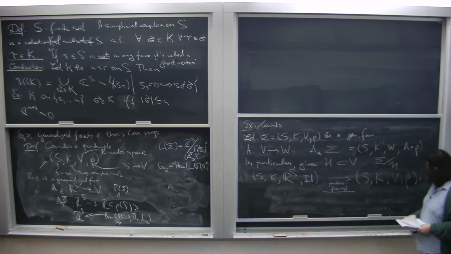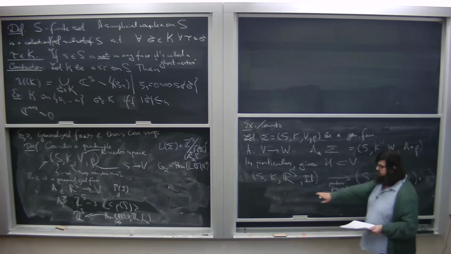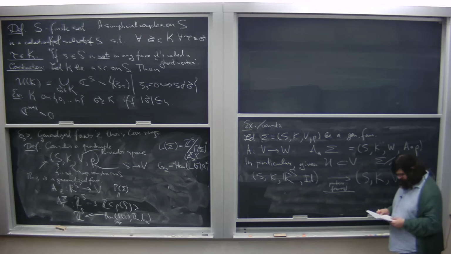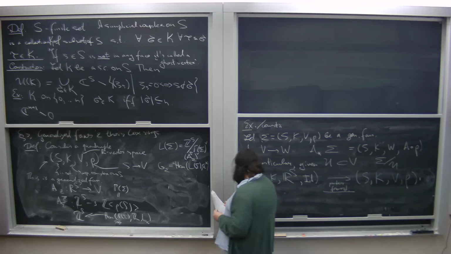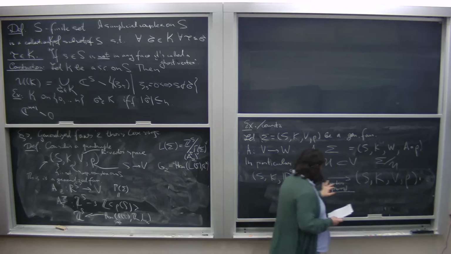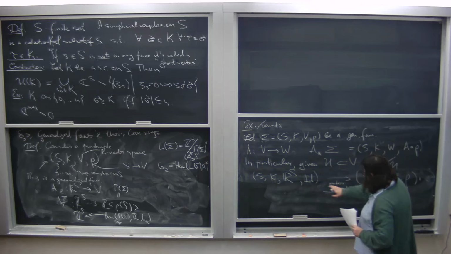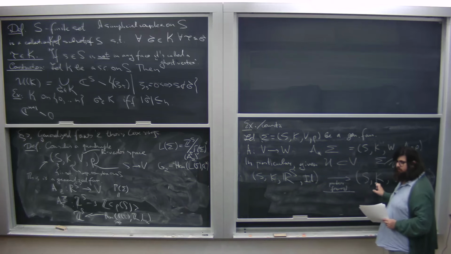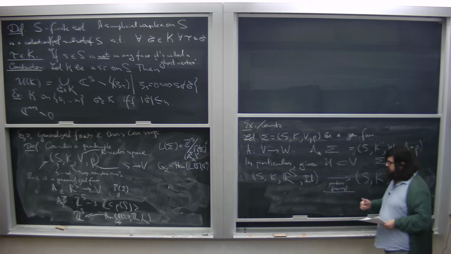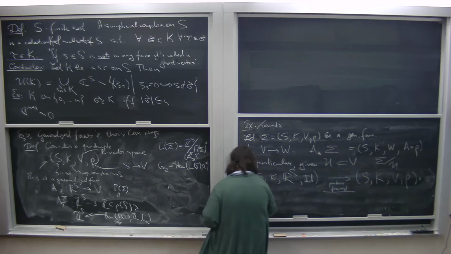And so, in some sense, this is like the abstract Cox construction for generalized fans. So let me maybe make it a bit more precise. A morphism of generalized fans is just a morphism of simplicial complexes plus a linear map between associated vector spaces that commutes with appropriate maps.